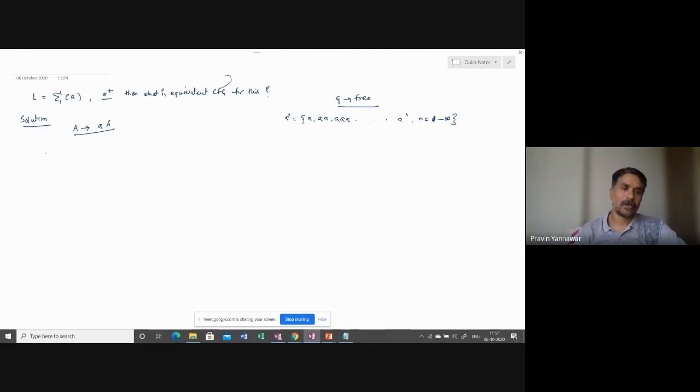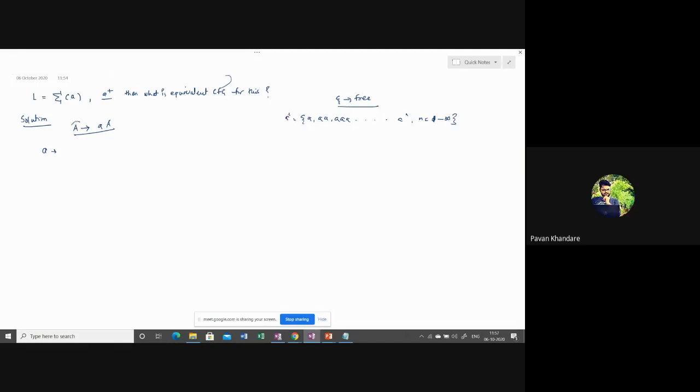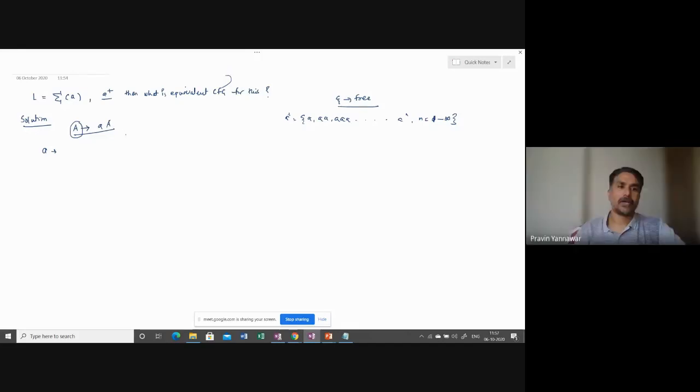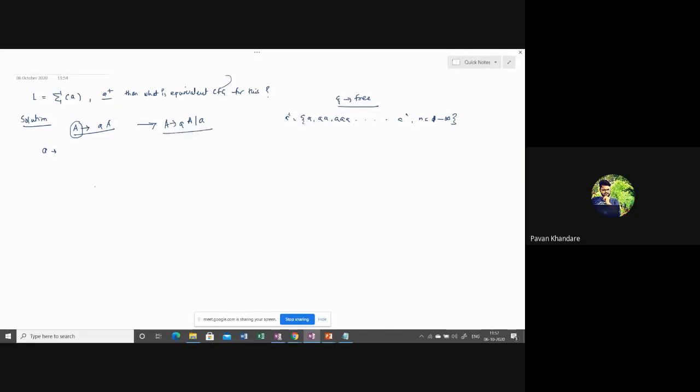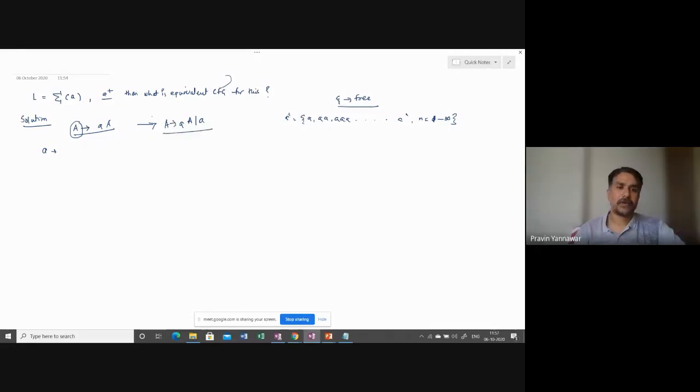How can you generate it for one? You can start with this left symbol, right? So this can be A or AA. Yes sir. Okay, so we have this form and this form.